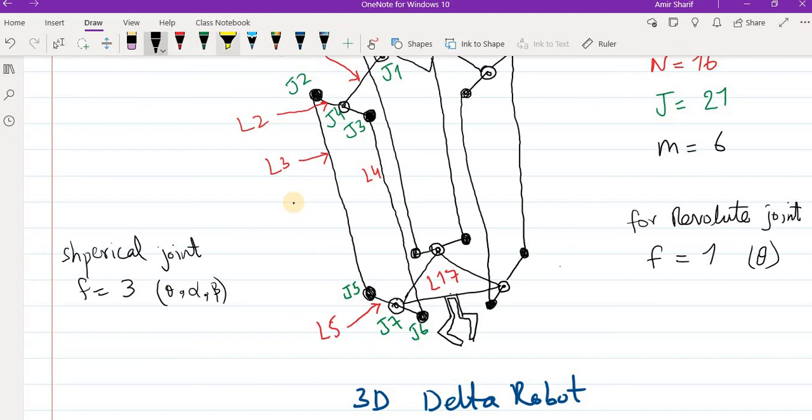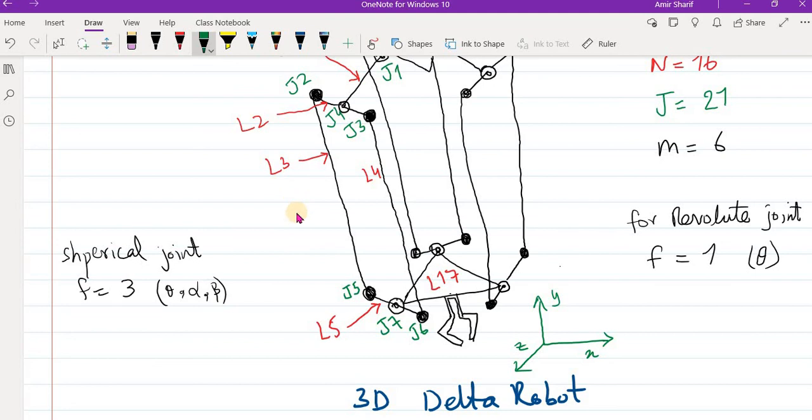I draw it here. X, Y, and Z. So the motion of this gripper will be linear motions along X, Y, Z, but it cannot tilt, it cannot rotate.